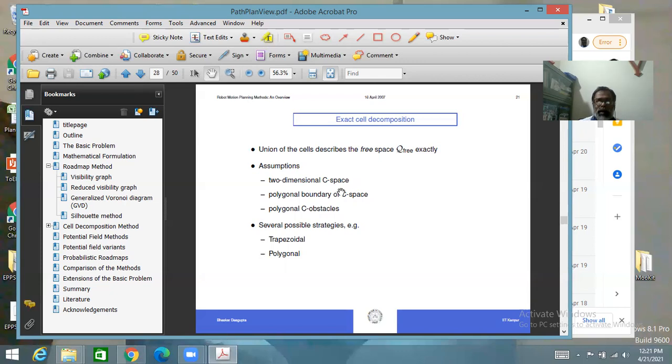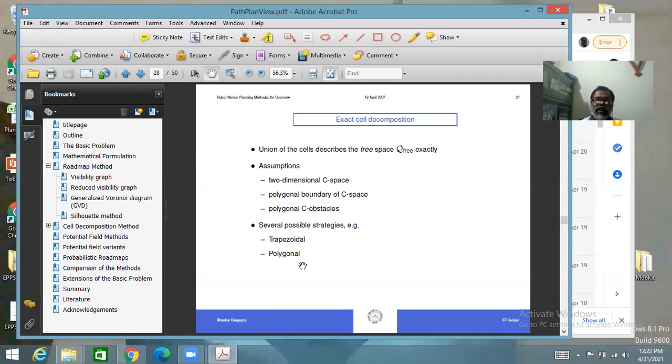Now, suppose we have two-dimensional regions. Many algorithms operate in two-dimensional regions only. Whatever boundaries we have, we approximate them with polygonal boundaries. Then, what kind of shapes will you take for the cells?